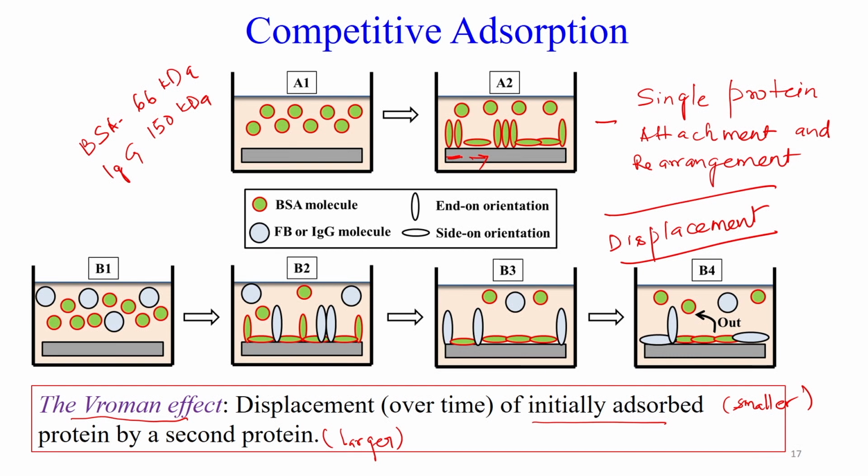Now, if you see here, the proteins are in the end-on orientation like this or the side-on orientation like this. The protein-surface interaction in the end-on orientation will be lesser compared to the side-on orientation. So, once the larger protein molecules come, it will be easy for them to replace the end-on oriented protein.